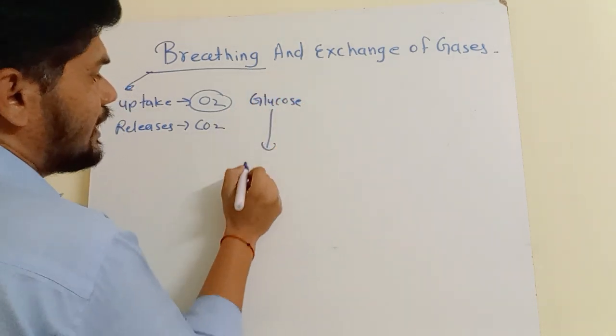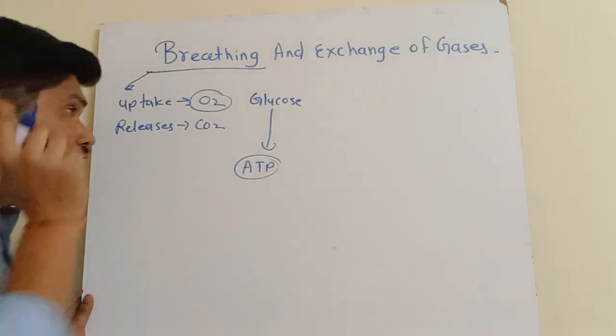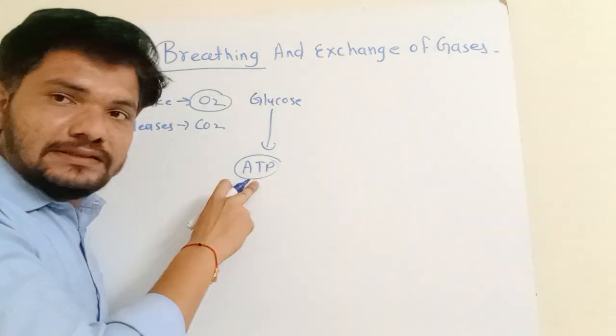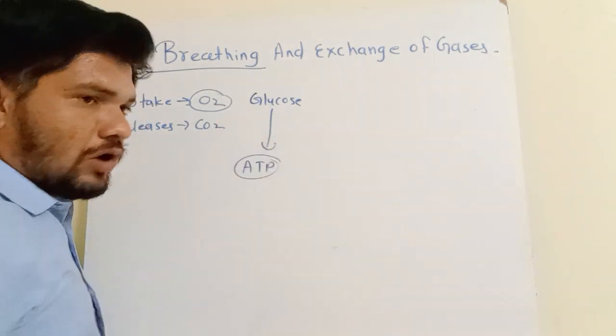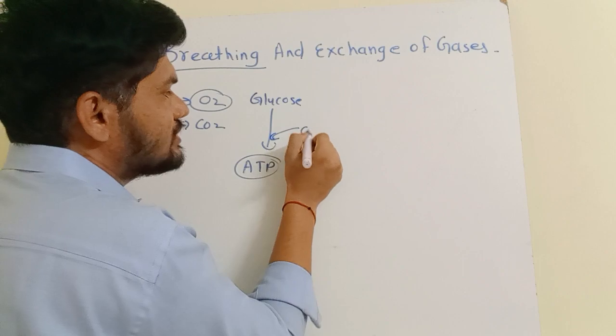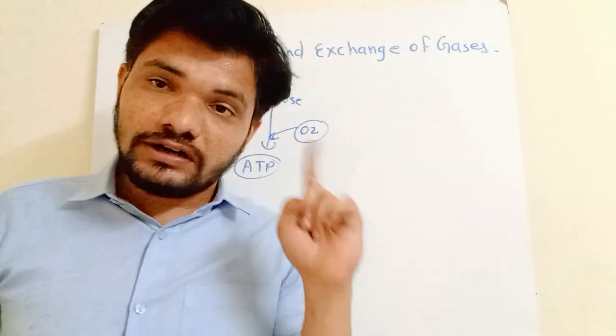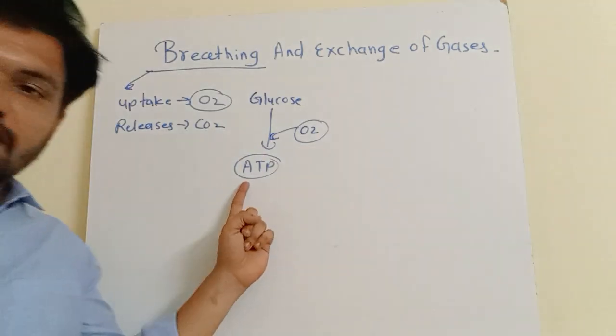Glucose will be broken down, and from glucose we make ATP, right? To synthesize this ATP, aerobic organisms perform breathing and they utilize oxygen as the final electron acceptor in the electron transport chain to synthesize ATP.